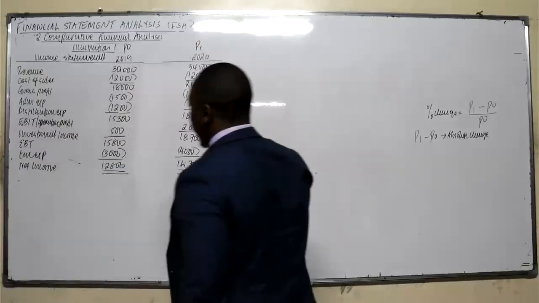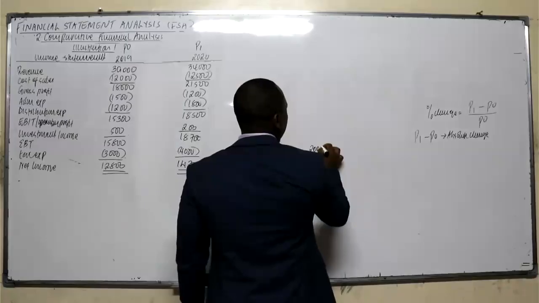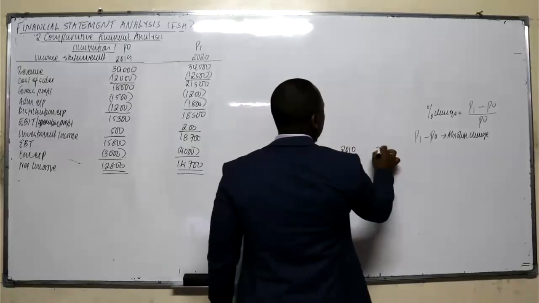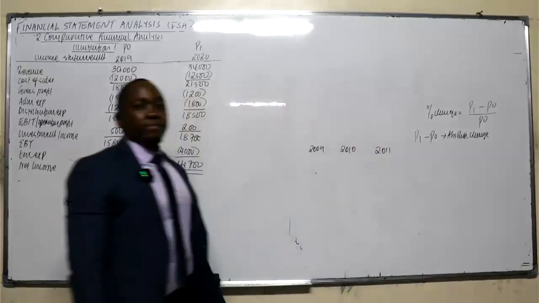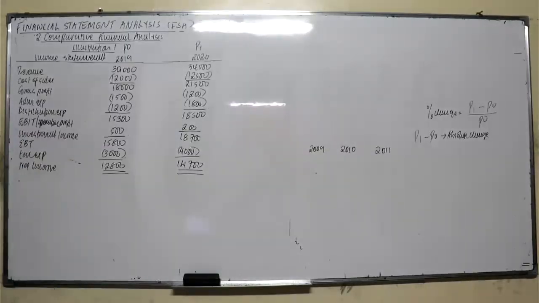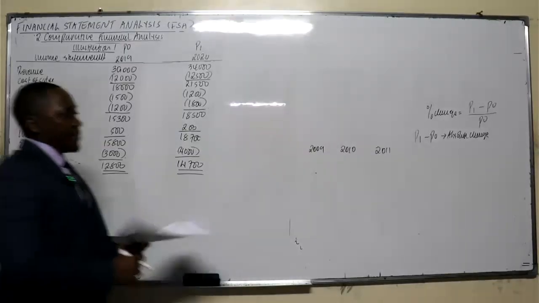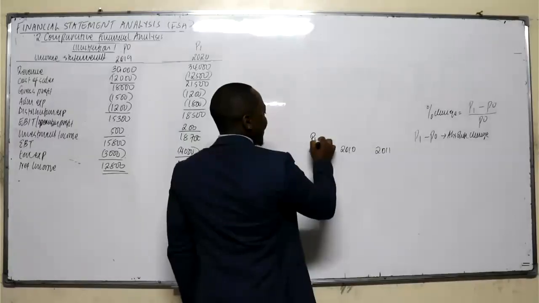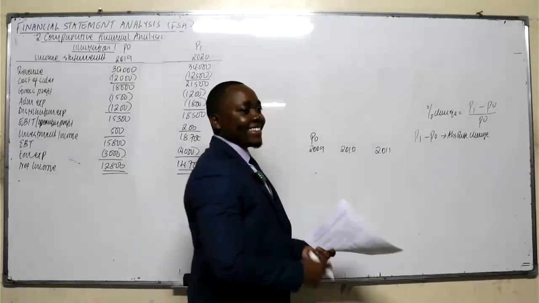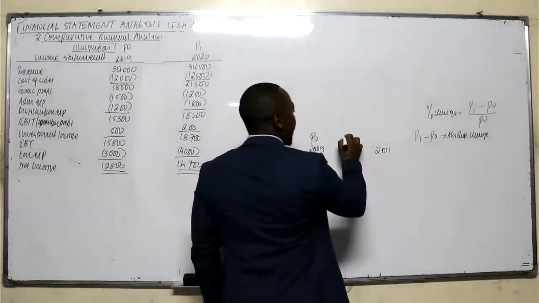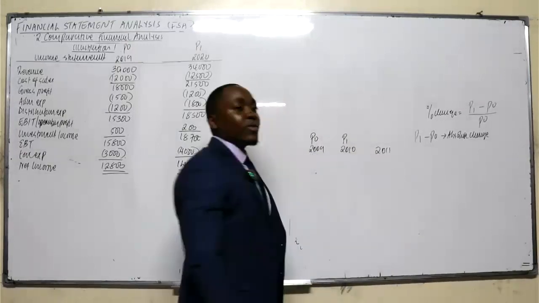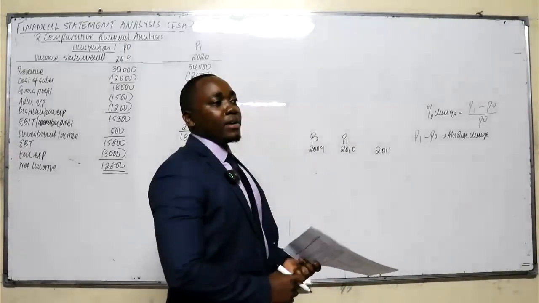I'll explain something else. We have 2009, 2010, 2011. You are doing trend analysis for 3 years. So this one will be P0. What about for 2010? P1. What about for 2011? P2?